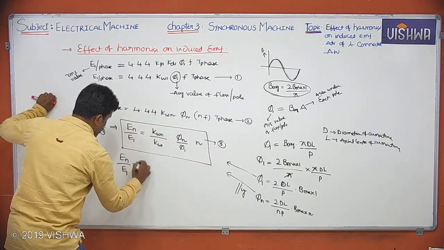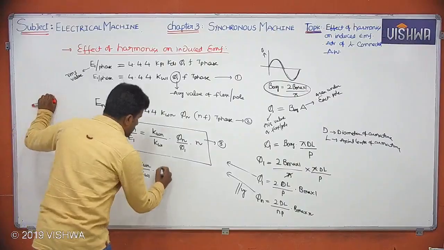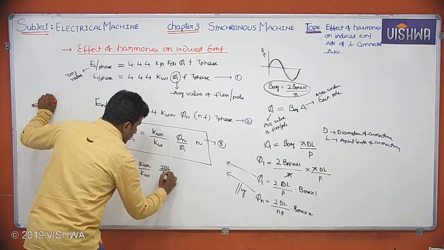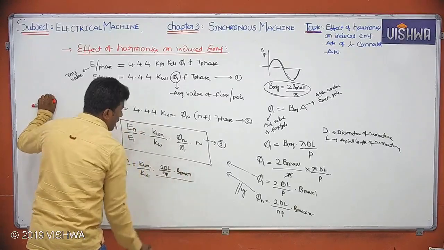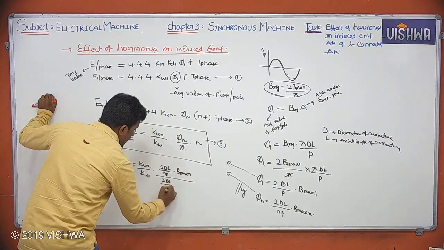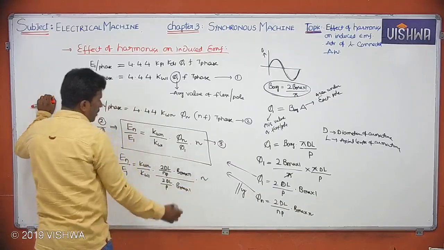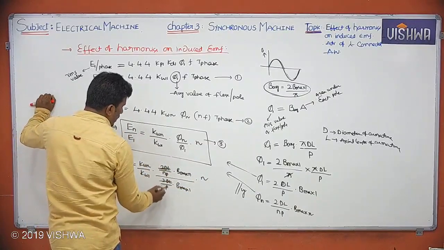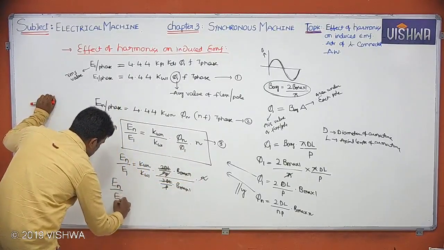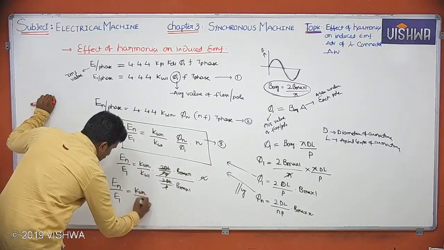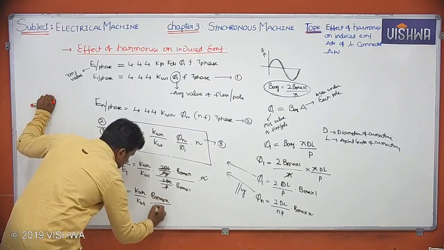En by E1 is equal to Kwn by Kw1 into pi n, which is 2 dl by nP into B max n, by pi 1, which is 2 dl by P into B max 1, into n. Let me cancel 2 dl, P, n. So ultimately you'll get En by E1 is equal to Kwn by Kw1 into B max n by B max 1.